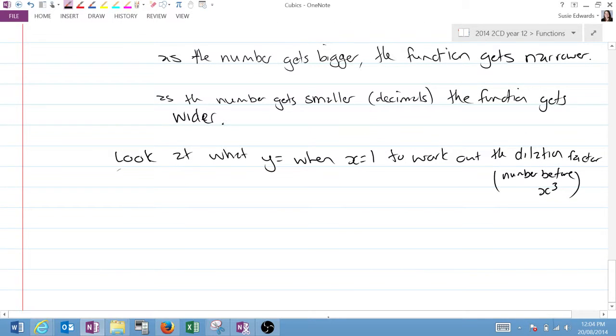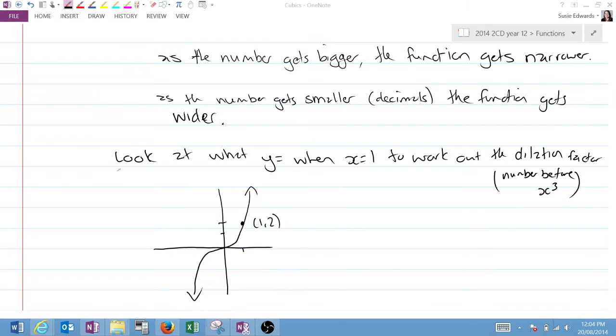So, for example, this one needs to be a bit more to scale. If that point there is 1, 2, and this one still goes through 0, 0, then I know that that will be y equals 2x cubed.